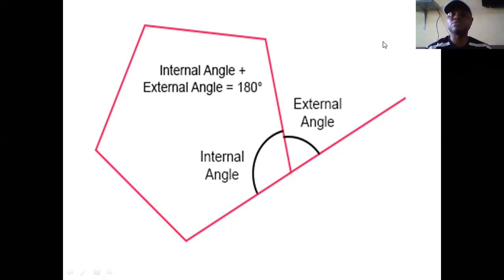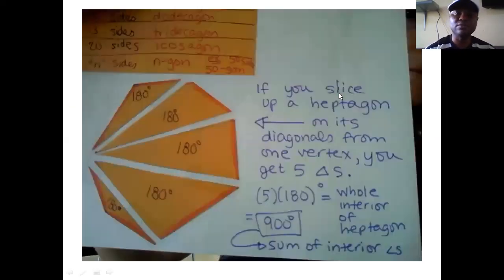So we'll be dealing with regular polygons in this. Now, if you slice a heptagon along its diagonals from one vertex, you get 5 triangles. You see that? As you can see on the screen. And that means, what is the sum of angles in a triangle?